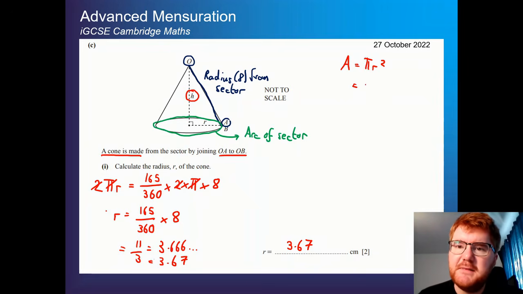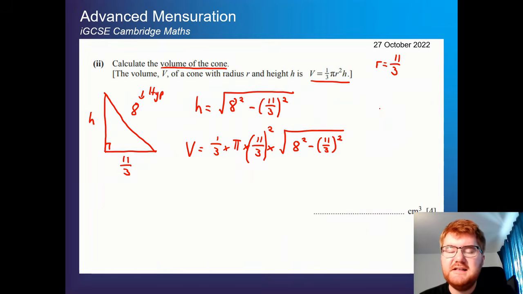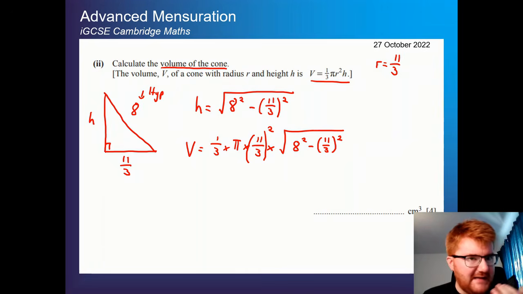So again, I'm doing an estimating approach here. This is roughly 3. This is also roughly 3. And then this gives me 27 just for the base alone. So getting the answer that I did, because I'm going to times it by height, that doesn't sound reasonable. So if that's happening to you, then you need to go through the formula and go, okay, where did I make the mistake? And the mistake here was forgetting to square the 11 over 3.